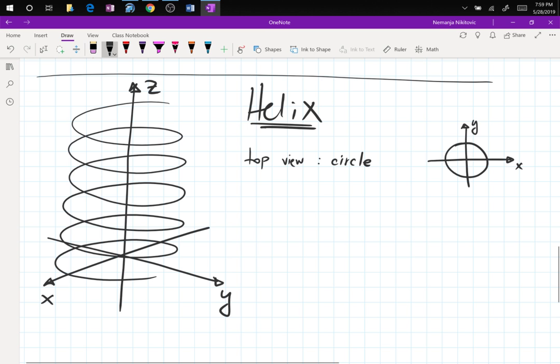You learned the equation for the circle in parametric form as r cosine t and r sine t for the counterclockwise oriented circle. Now I need to go up in the z direction to accommodate for this constant rise.